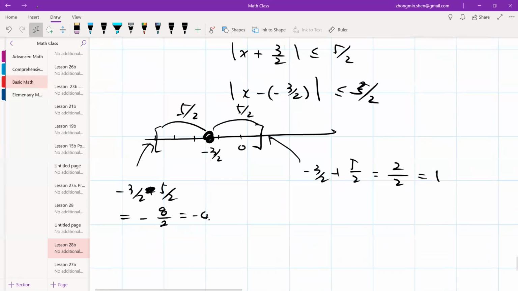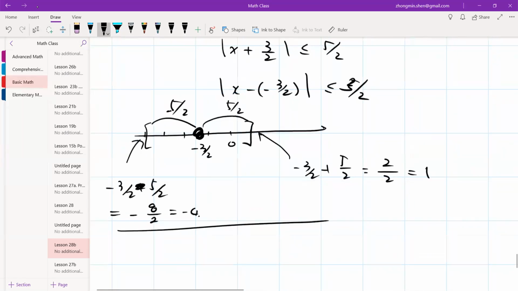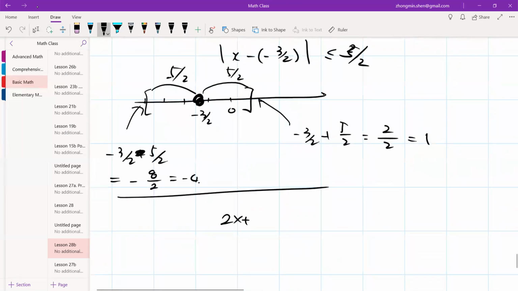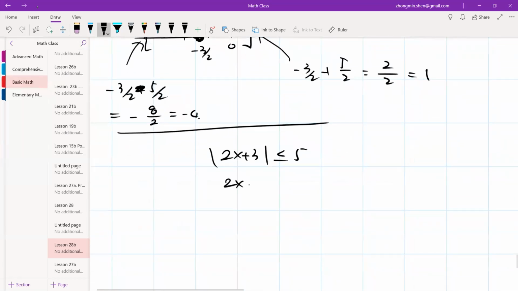Okay, now how to solve it in a slightly different way, not using the picture here. So what you do is the absolute value of 2x plus 3 less than or equal to 5. And this is equivalent to saying that negative 5 is less than or equal to 2x plus 3, which is less than or equal to 5. And from here, you can solve the inequalities. We already did that, right?